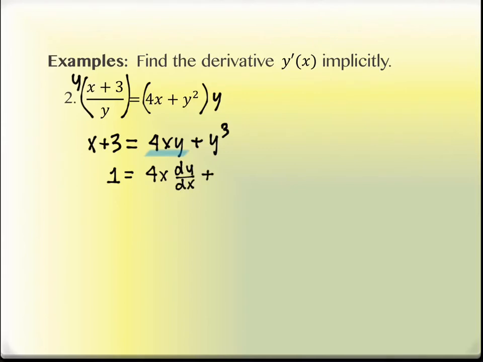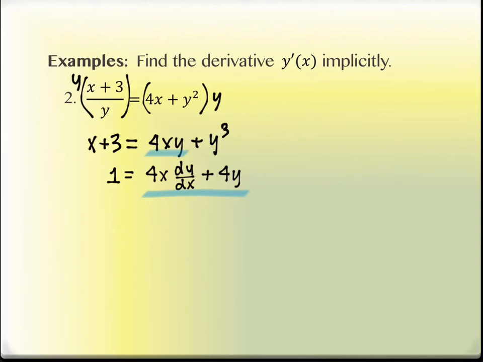And then I add, and I'm going to take the derivative of 4x, and that is 4. And I rewrite the y. So this piece right here is the derivative of the piece in blue above. It is messier. And then I've got the y cubed.